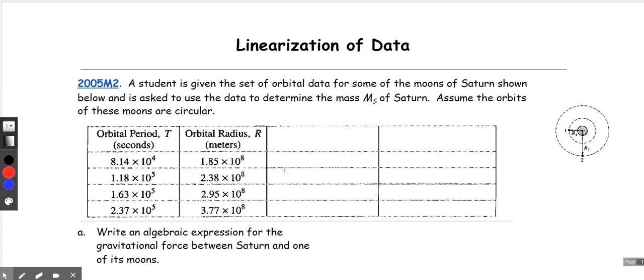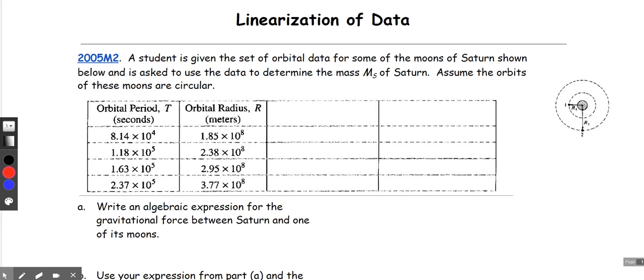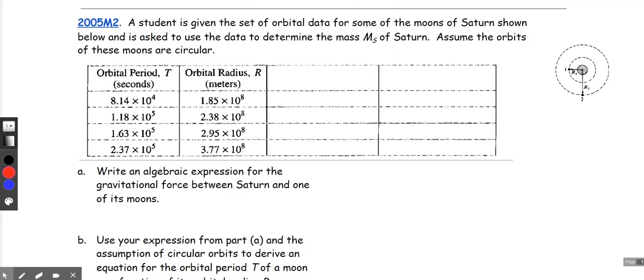All right. So we're going to tackle 2005 mechanics question number 2 here. A student is given a set of orbital data for some of the moons of Saturn, as shown below, and is asked to use the data to determine the mass of Saturn.